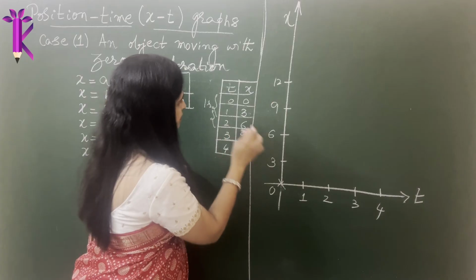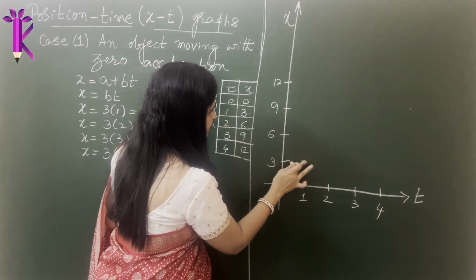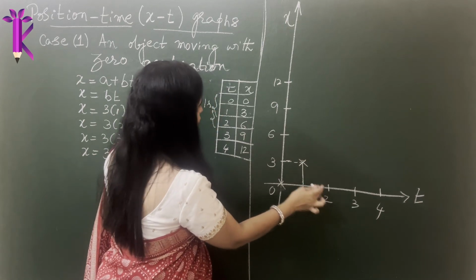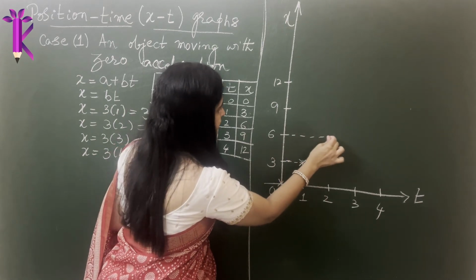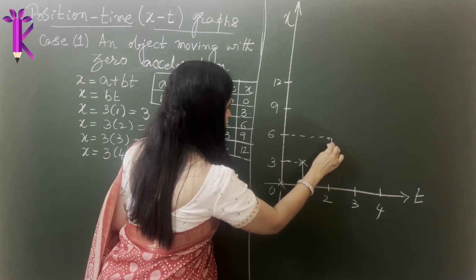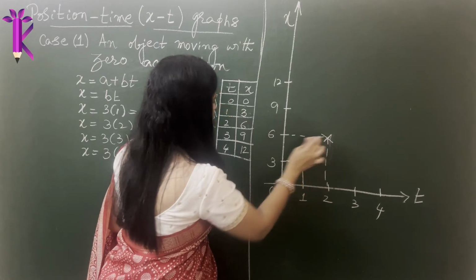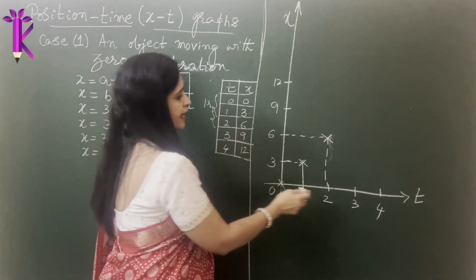When t is 1, the value is 3. Right? So, when t is 2, the value is 6. When t is 3, the value is 9.